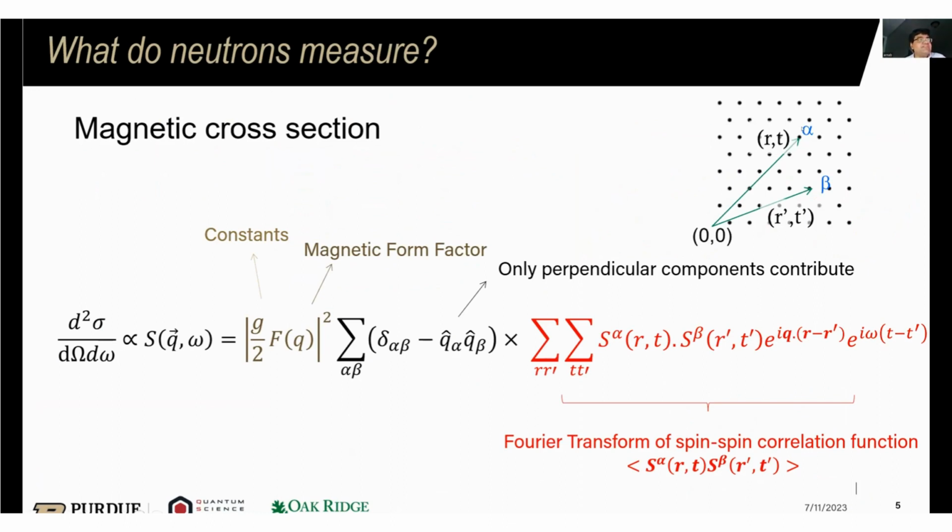If we have two spins, alpha and beta, in two parts of the lattice, what we finally measure is the 2-point correlation function between those two spins. That's the magnetic scattering cross-section that we measure in neutron scattering. But we measure very similar quantities in terahertz, and in Raman. So this Fourier transform of the spin-spin correlation comes up again and again.